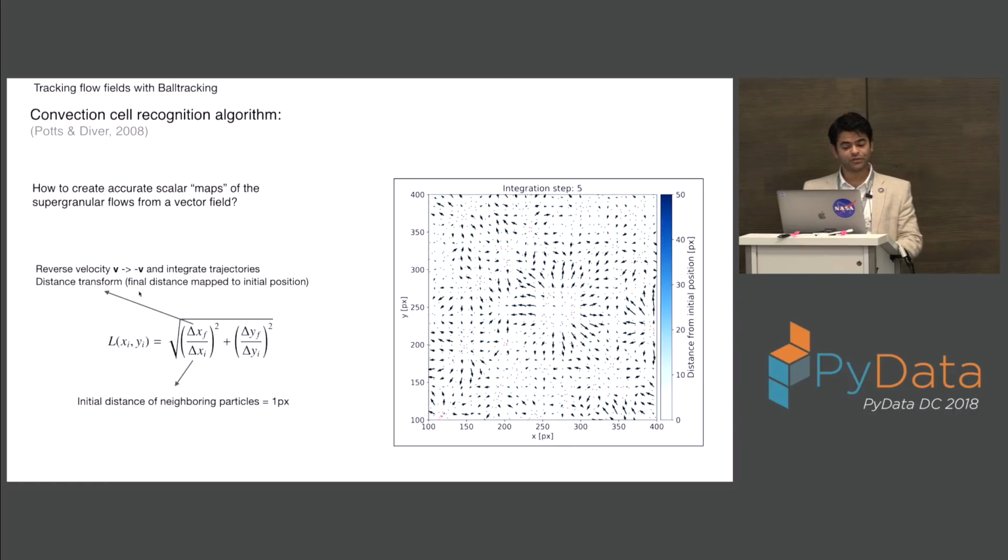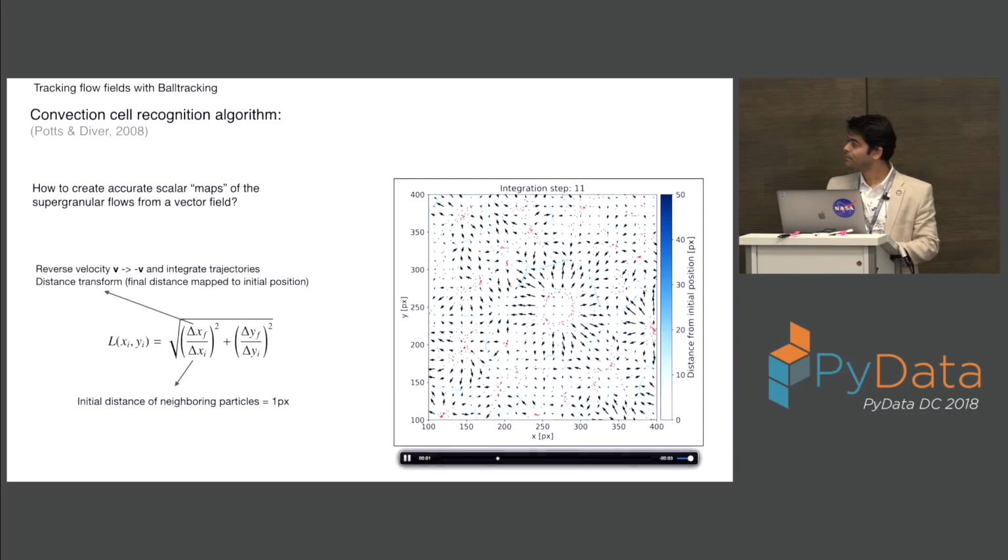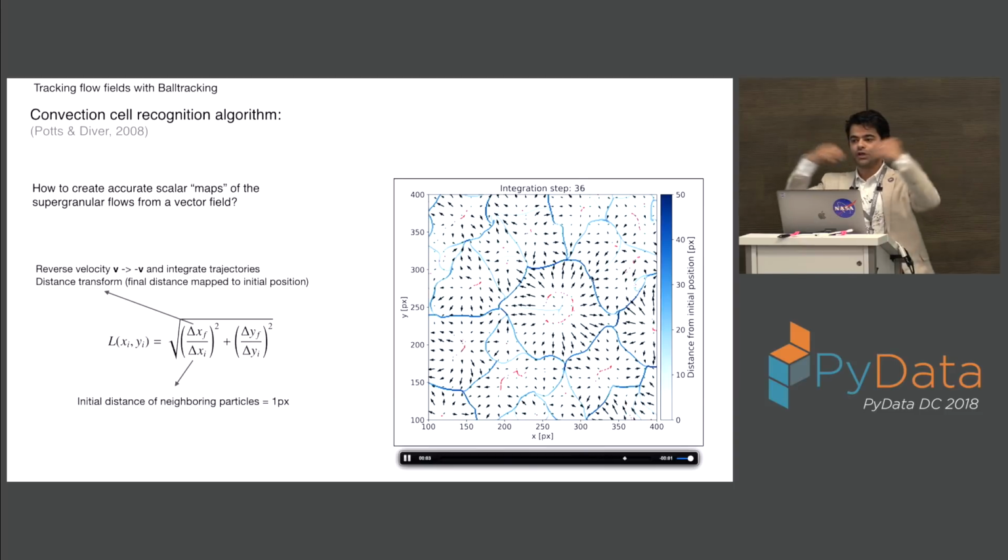And by doing a distance transform of that, so that means putting the final distance and mapping it to the initial positions, you end up with these sort of maps where you have a lane, where you have convergence of flows. And it's very, very useful.